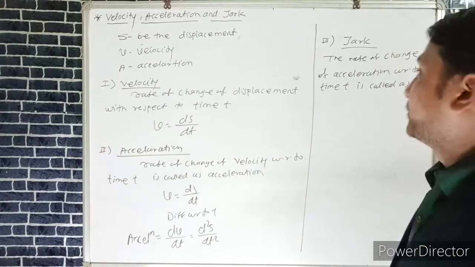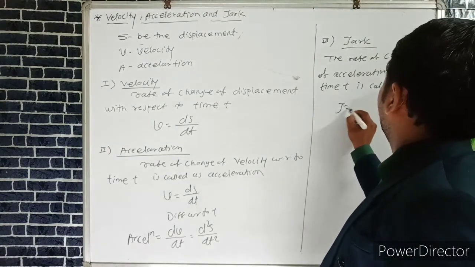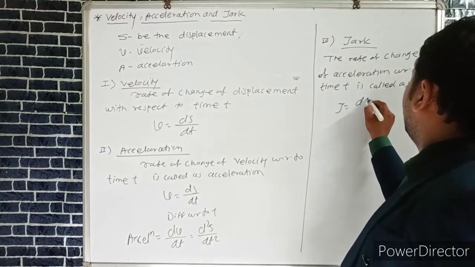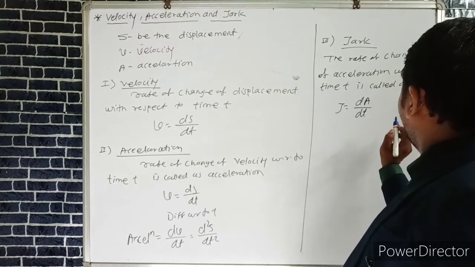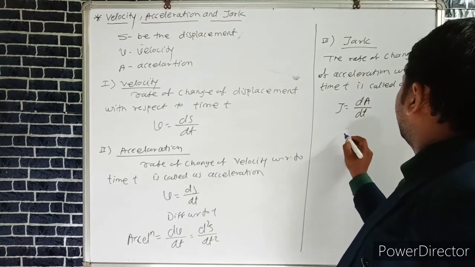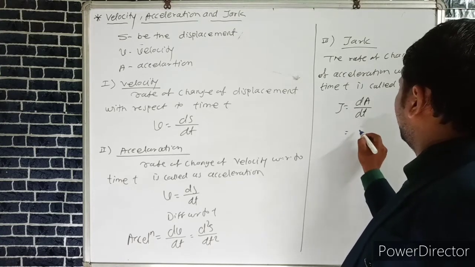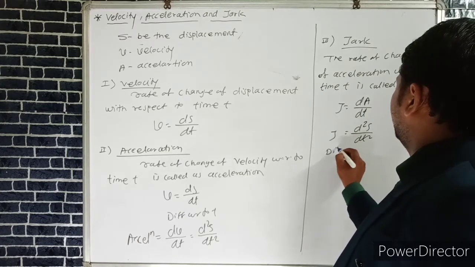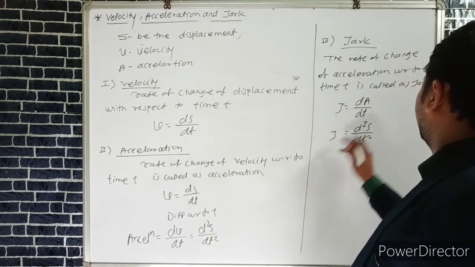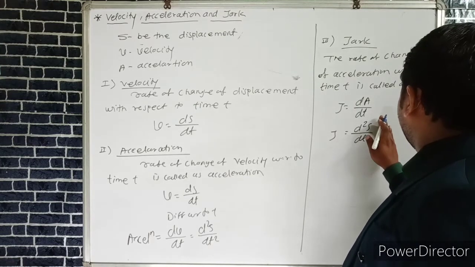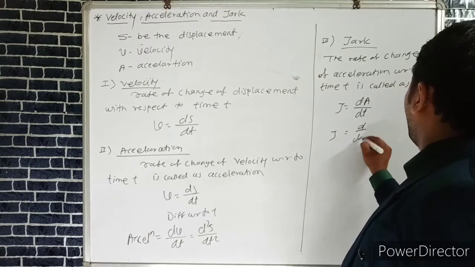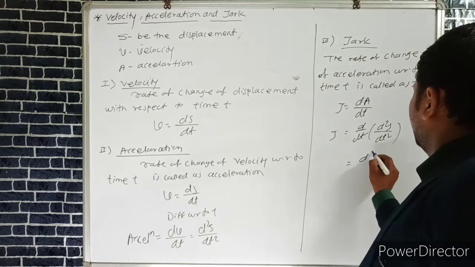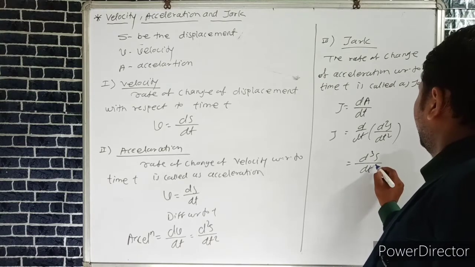Also we can say that j is equal to dA upon dt, which is the derivative of d2s upon dt square, which is d cube s upon dt cube.